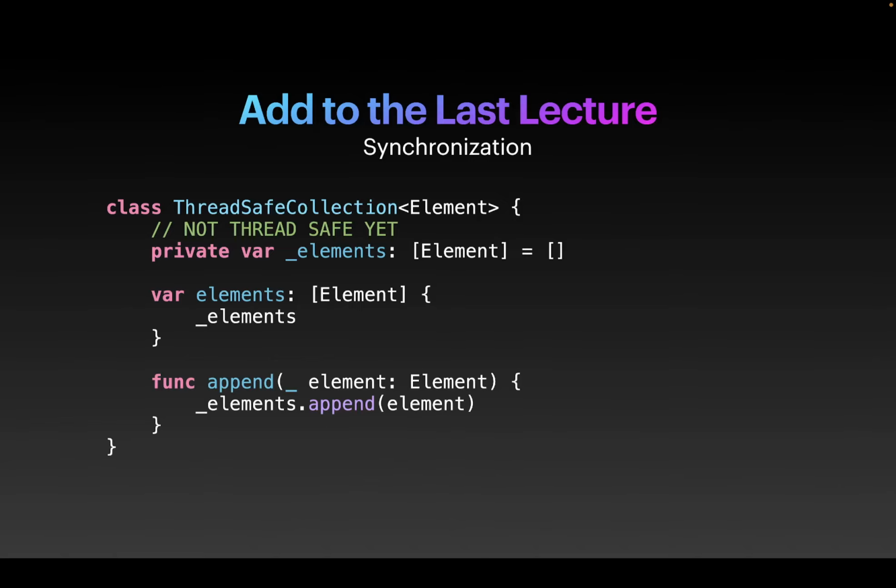Here I call it ThreadSafeCollection, and I use a generic type. The label for the generic type is Element, which stands for the element we want to store in that collection. We have a private local variable in this case.